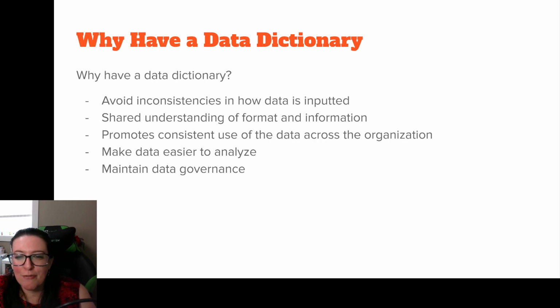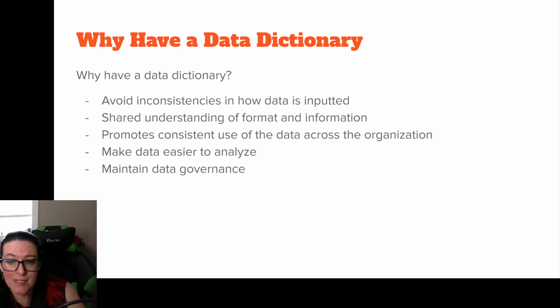If you're just putting information in as March 2024, the data is inconsistent and makes it difficult to analyze. So we might specify in our data dictionary how information is formatted, or how detailed the information is. The idea with a data dictionary is to have a shared understanding of the information.